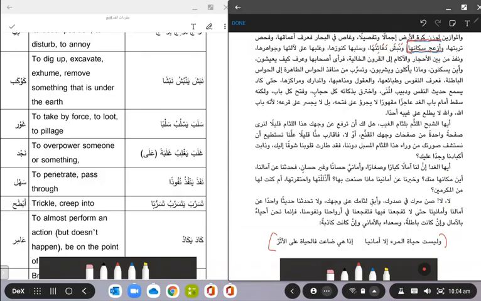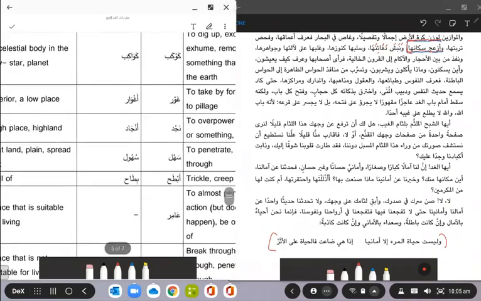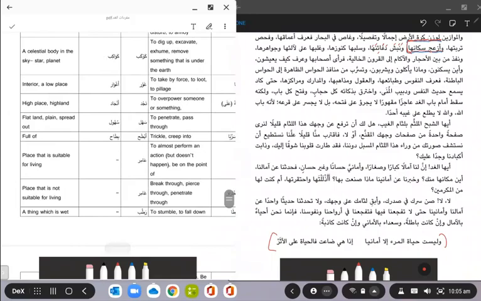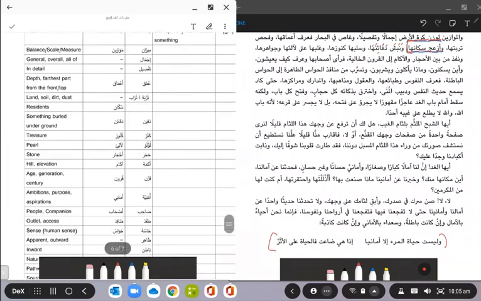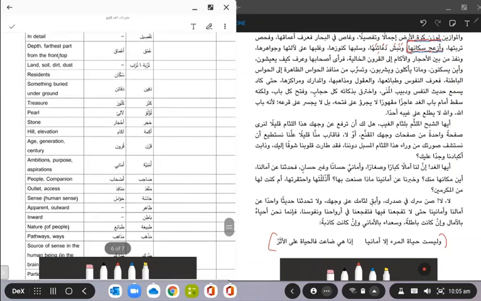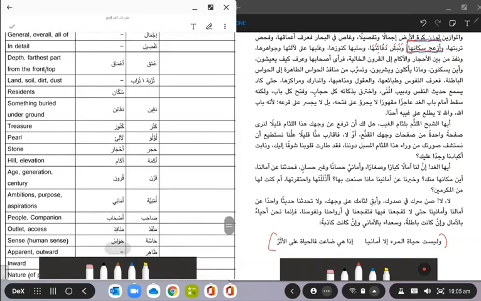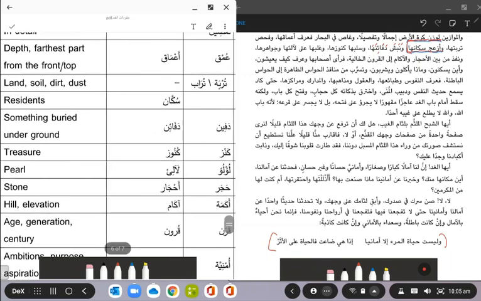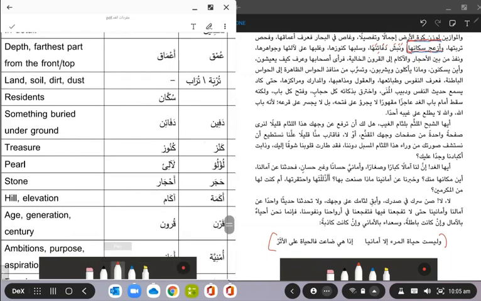Some of you may have heard of dafan or dafin, and that refers to being buried. Dafin is a singular form. If I say something is dafin, it means that something or someone is buried under the ground.